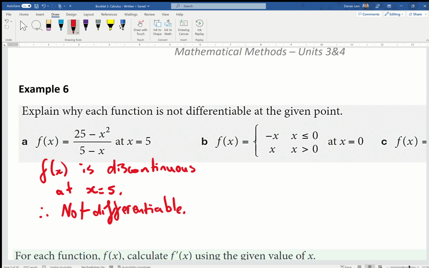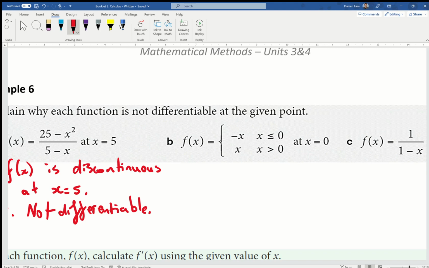And coincidentally, this function on the right hand side, our piecewise function in B, is exactly the example I gave earlier. You will note that this one, instead of being an absolute function, is just a hybrid function where we have negative x, positive x. Even though our function, negative x, exists at that point, they are two different functions with completely different gradients.